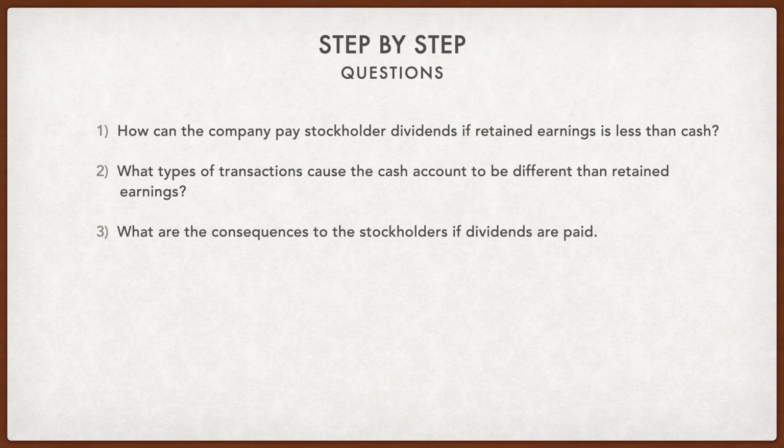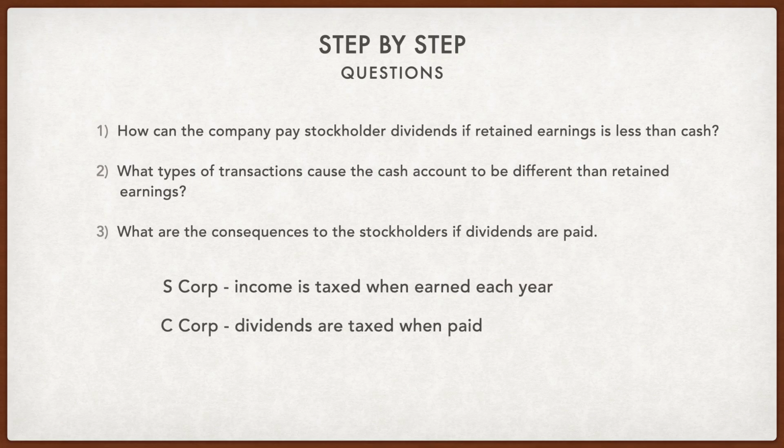Now, depending on whether you're a C Corp or an S Corp, the answer is different. If you're an S Corp, there are no taxes on dividends because you have to report income from your S Corp when it's earned. In other words, each year. Now, if you're a C Corp, on the other hand, you don't pay tax at the individual level on the income of the business, but you do pay tax on any dividends received.